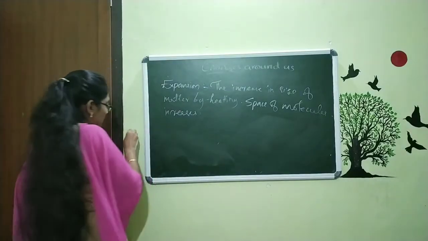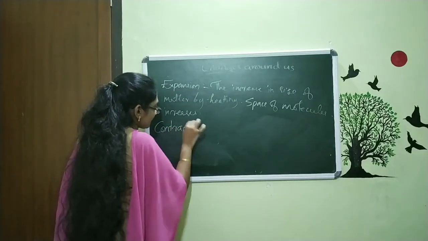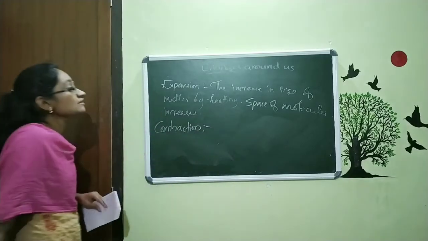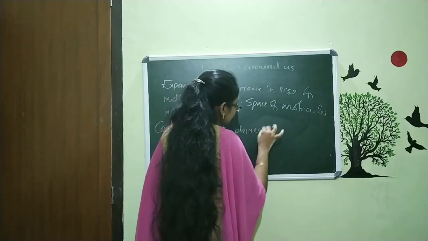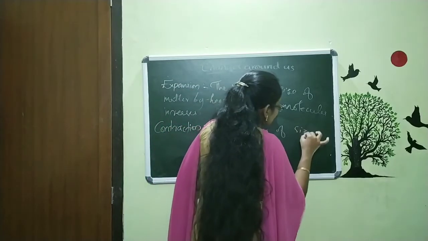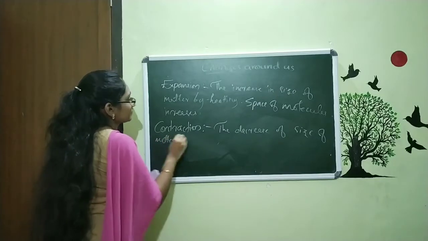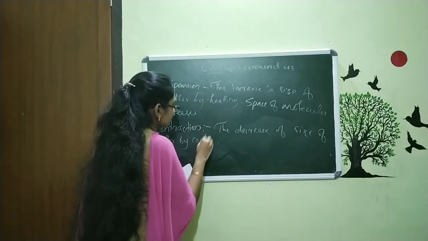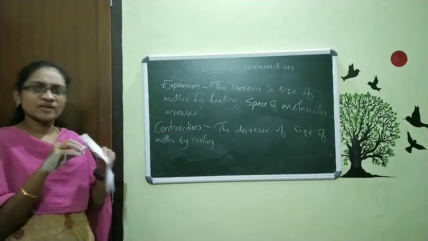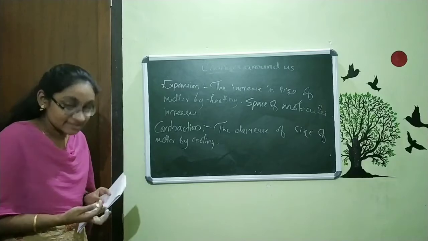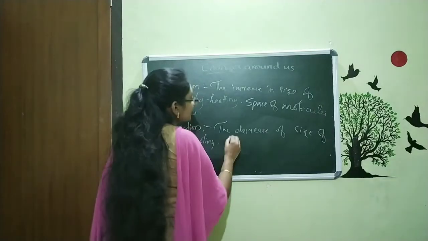And what about contraction? Contraction. The decrease of size of matter by cooling is called contraction. The size decreases by cooling. And here what happens to the molecules?